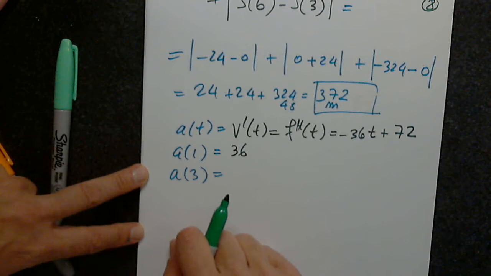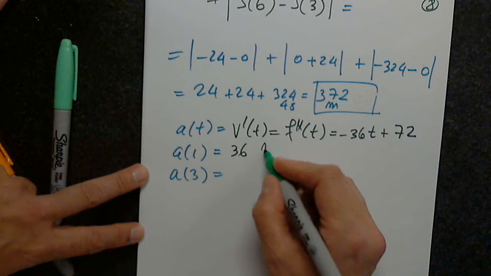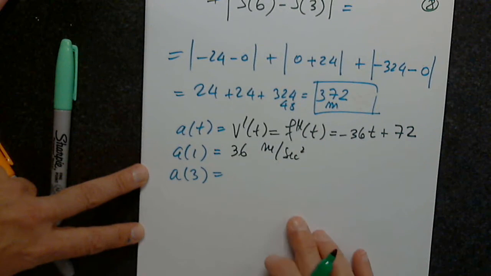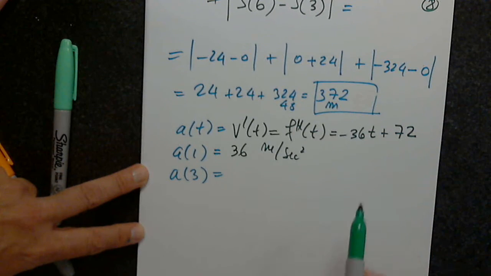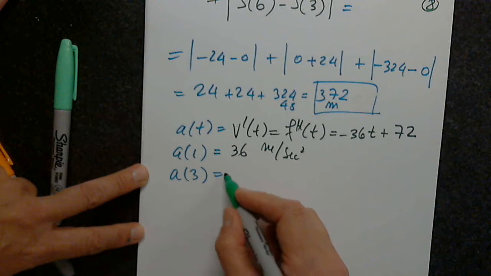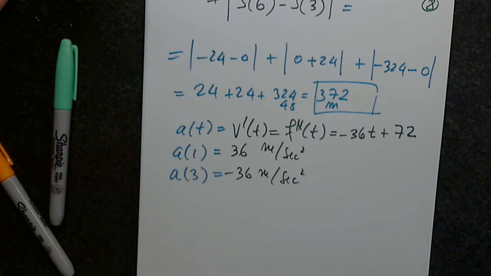Measurement unit? Very good, meters per second squared. Excellent. And then with 3, negative 108 plus 72 will be negative 36, which makes sense. It's only the direction. We know that.